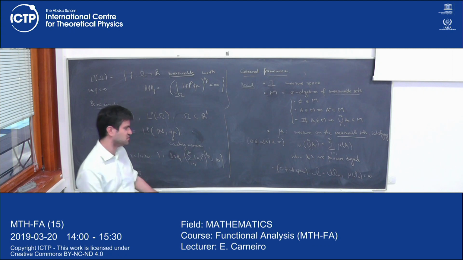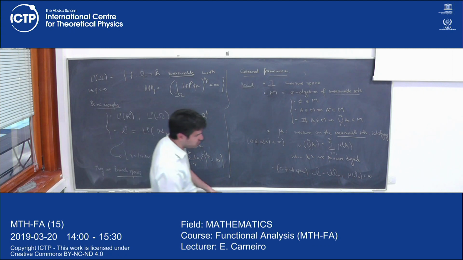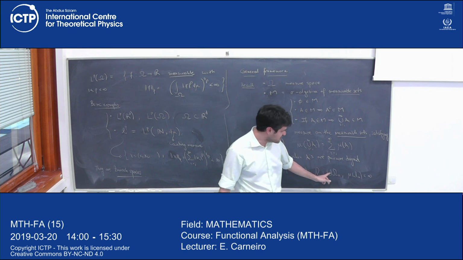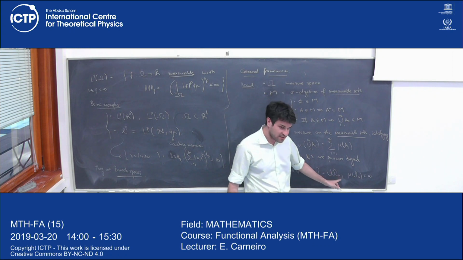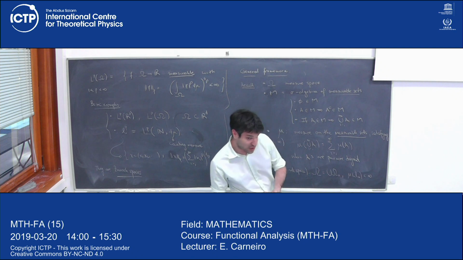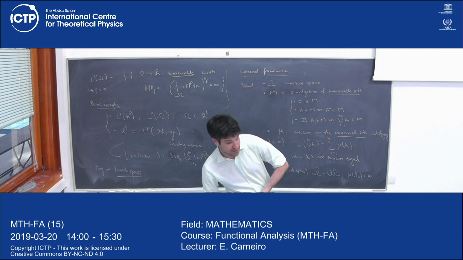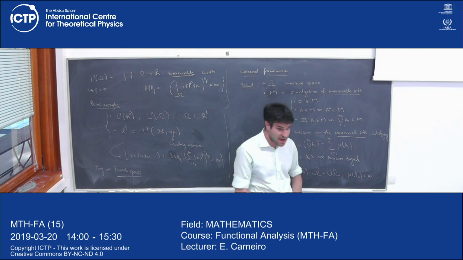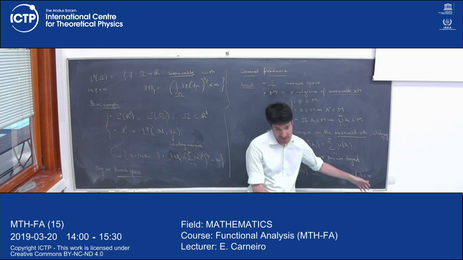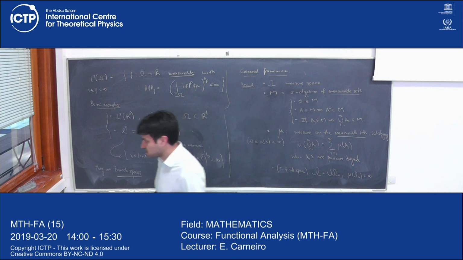So it doesn't have to be disjoint. Of course, if you wanted to make it disjoint, you can. If I give you this family of omega n's, you can take another family where you take omega 1, and then the second would be omega 2 minus omega 1, the third would be omega 3 minus the union of the previous ones. So from every family you can construct a similar family of disjoint sets. It's up to you.